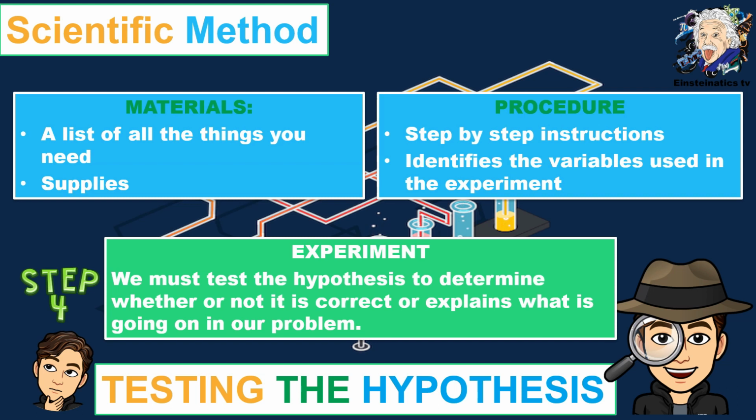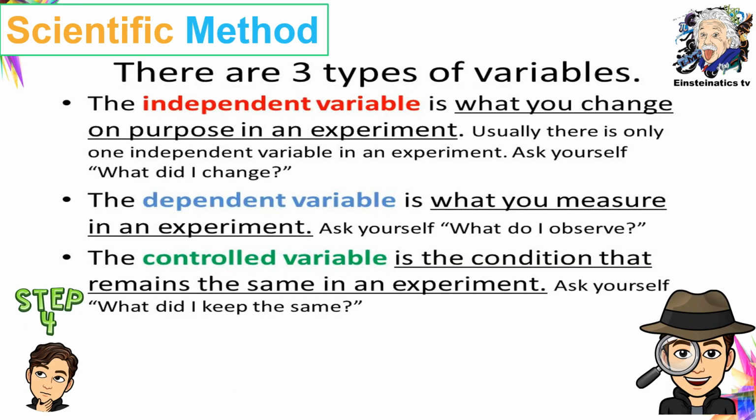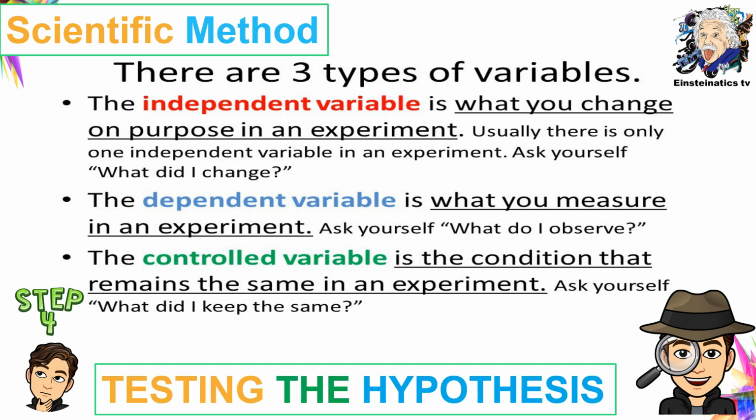So what are these variables? When testing the hypothesis, there are three variables that you must consider. First one is the independent variable, second one is the dependent variable, and the third one is the controlled variable.